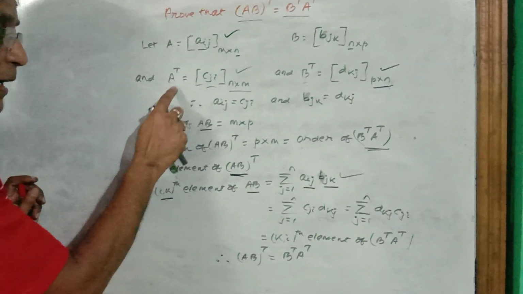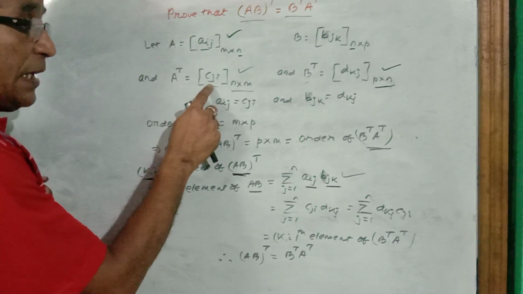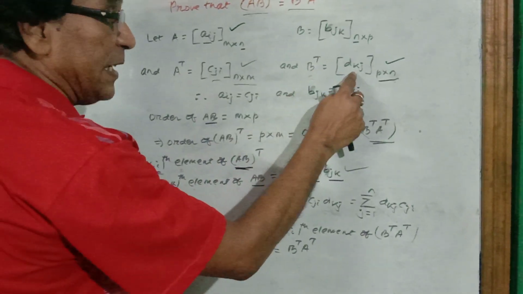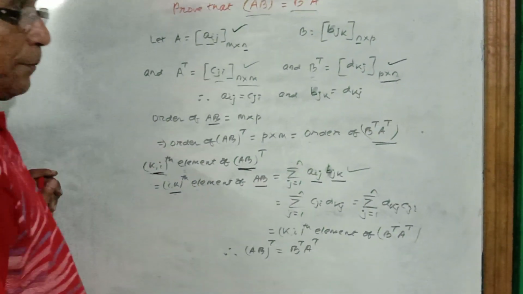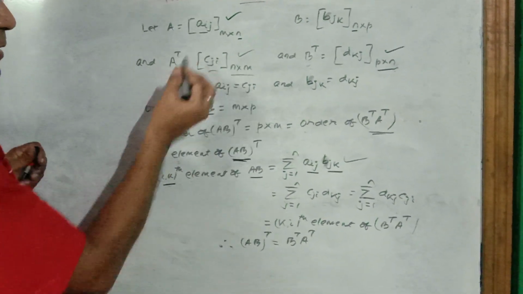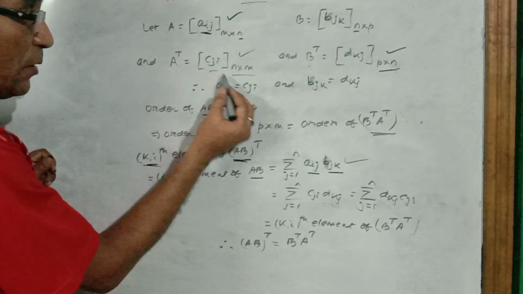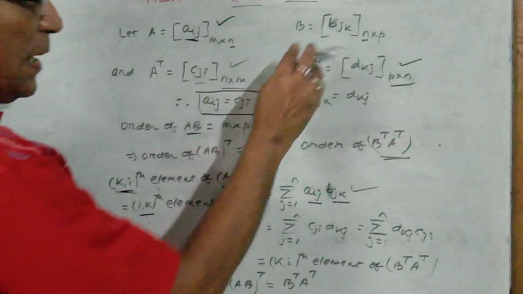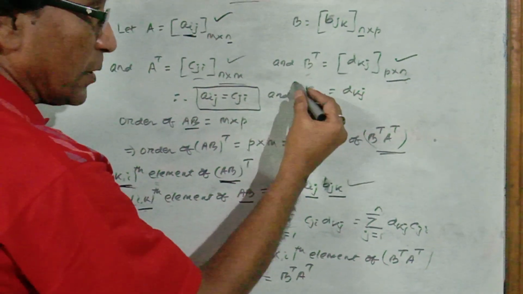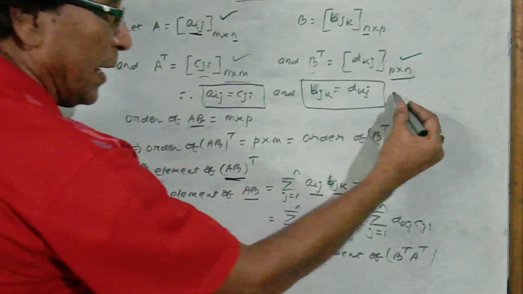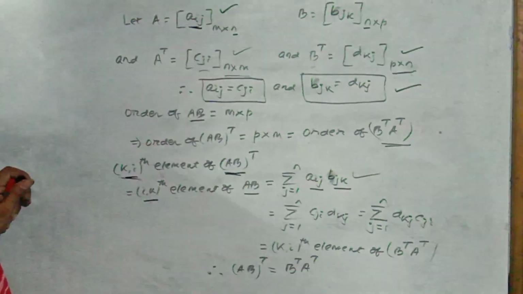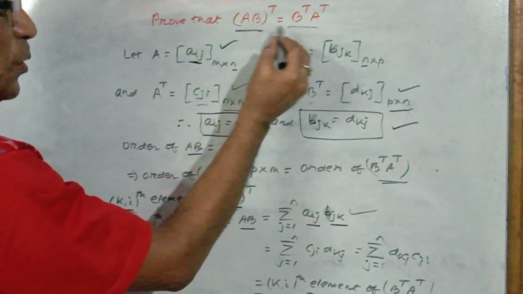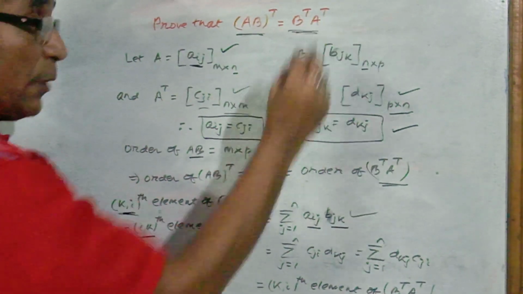Again, let A transpose be the matrix Cji of order n cross m, and B transpose be the matrix Dkj of order p cross n. So by definition the Aij element must be equal to the Cji element, and the Bjk element must be equal to the Dkj element. First we will show that the order of (AB) transpose is equal to the order of B transpose into A transpose.